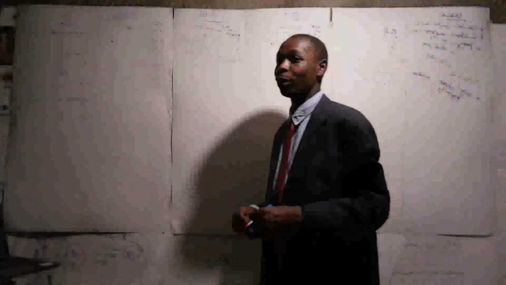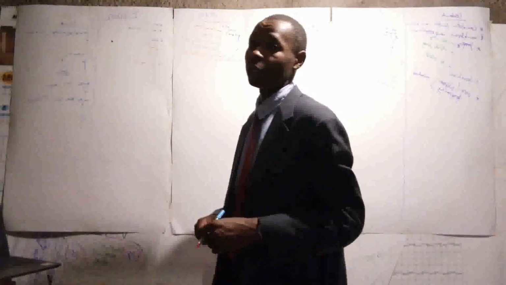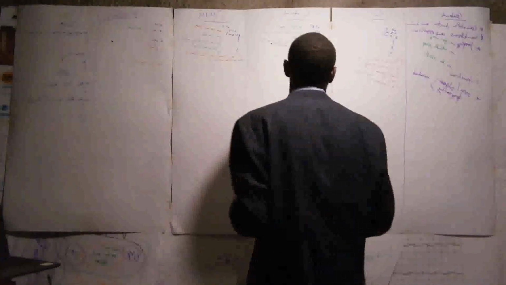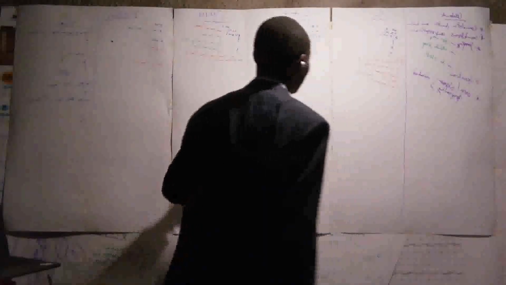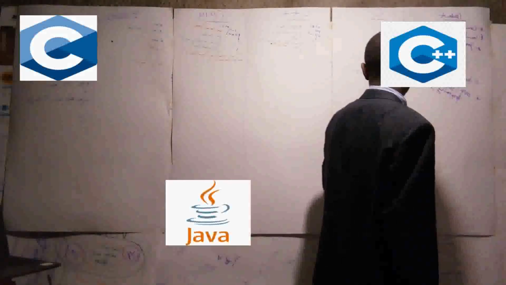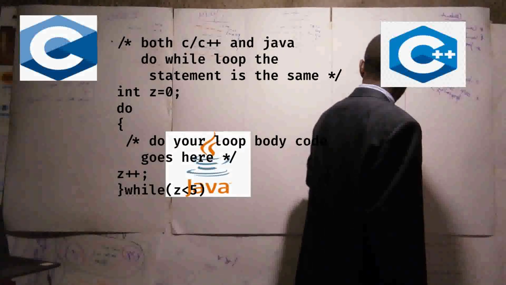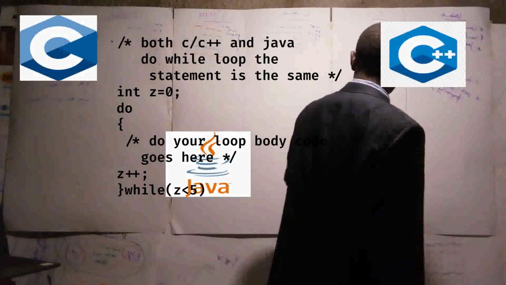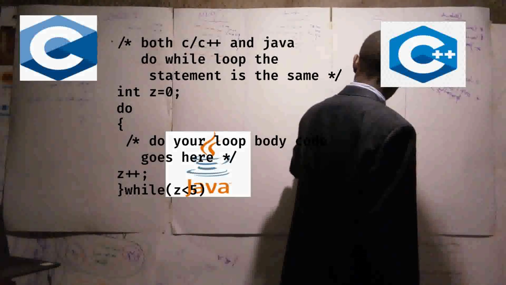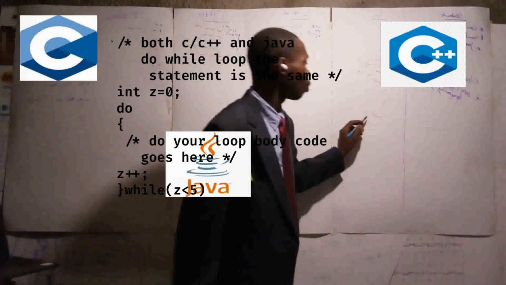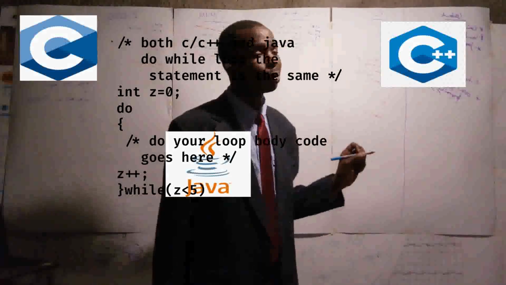Programming is not that difficult to read; it's a task of complete thinking. For the do-while loop in C, C++, and Java, you write do, open the braces and close them. After the closing brace, type while, then a semicolon. In the parentheses we put the condition.